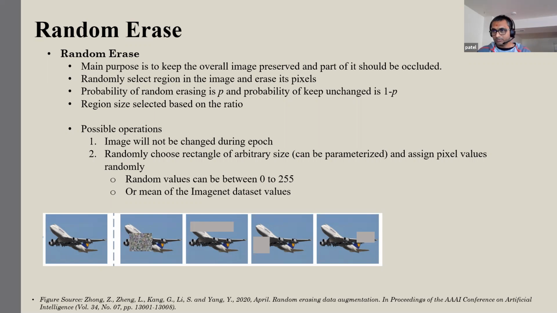So with RandomErase, the original authors claim that it helped improve the accuracy on the CIFAR-10 and CIFAR-100 data sets, but this was on the ResNet-50 and ResNet-110 architectures, and it took more than 300 epochs to beat the baseline architecture's accuracy. So now we see two different problems.